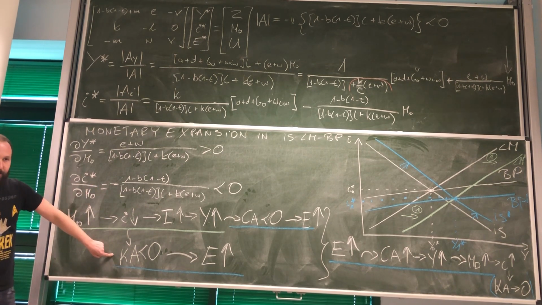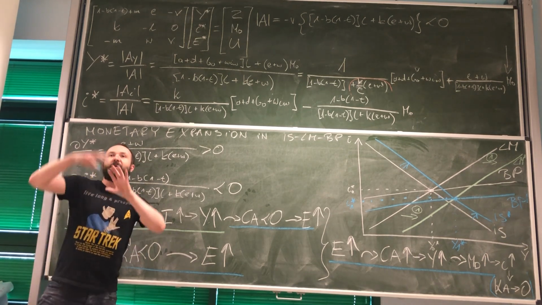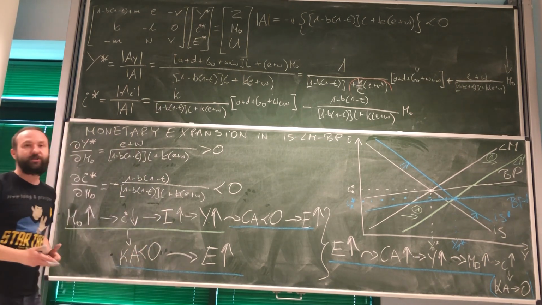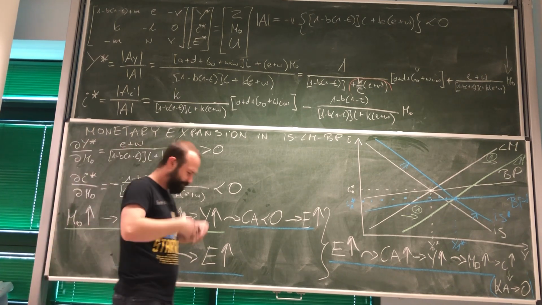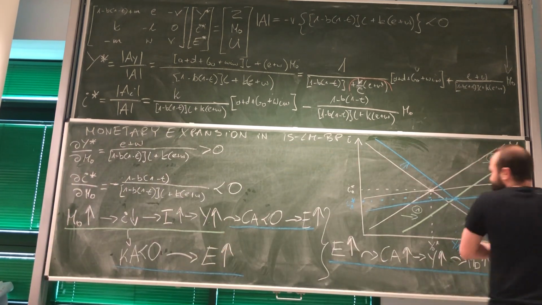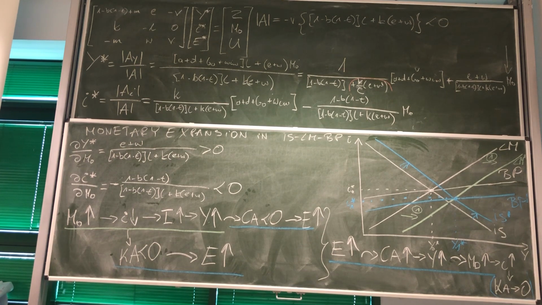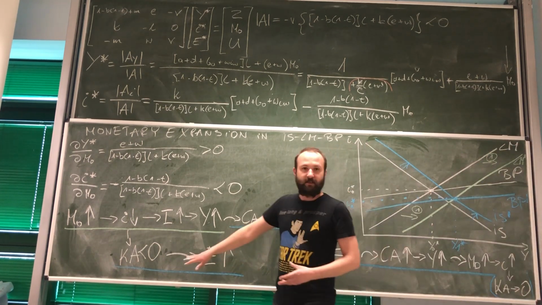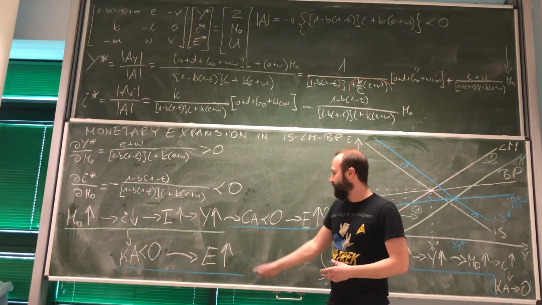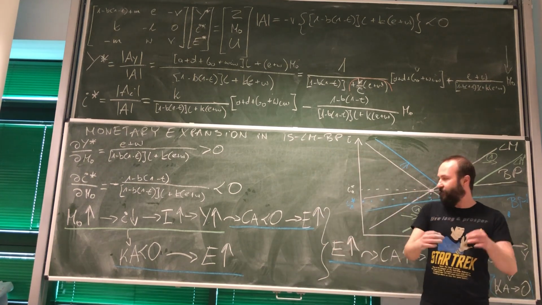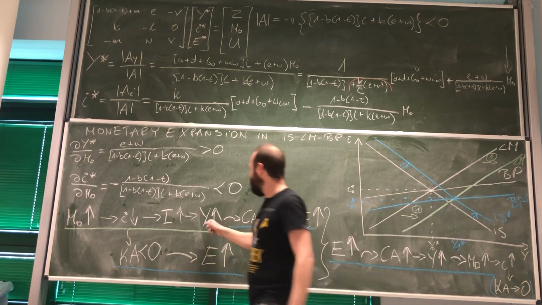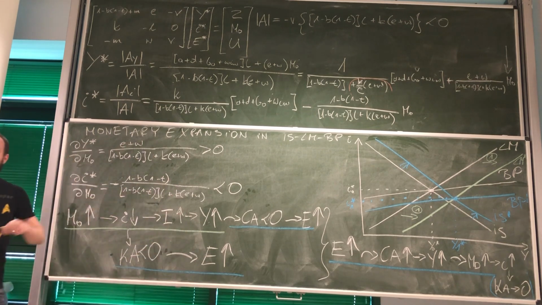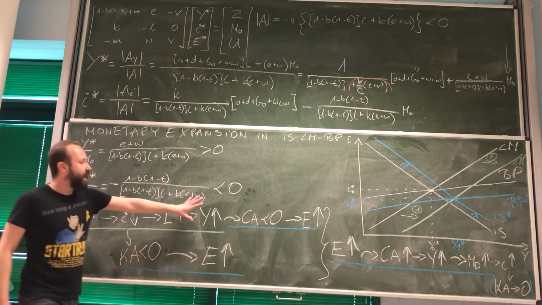Lower interest rate creates a capital account deficit, because now foreign assets are more attractive in terms of return than ours. So our residents want to buy more foreign currency. Pressure on depreciation of our currency. Also, higher income means higher imports.